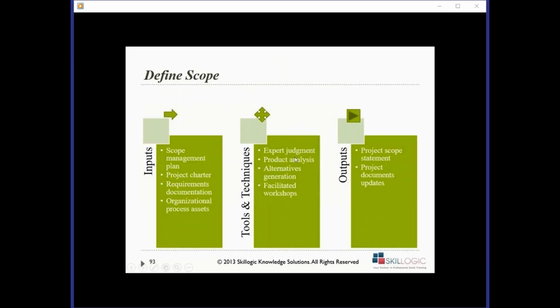So to define the scope, we can speak to the experts, we can do the product analysis. For example, let's say one of the clients comes to me and says that they are a Chinese client, right? So Chinese are generally very good in copying. They are very good in looking at the product which is very successful in the market, and they want to copy that product. They come to me and they say that iPhone is very successful in the market.